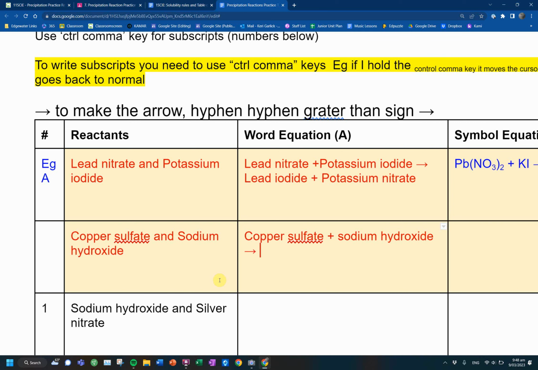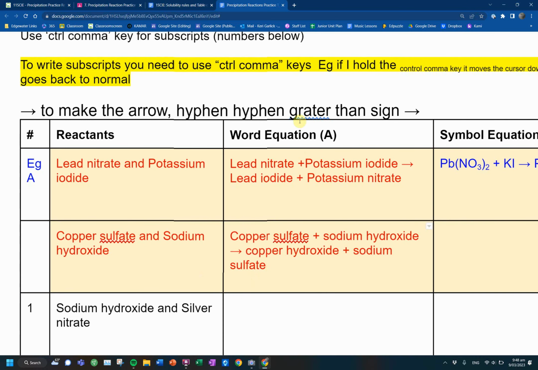We do the arrow, not equal signs, not math. Arrow. I did dash, dash, and then the greater than symbol. All right, and then I go copper hydroxide plus sodium sulfate. Ooh, that's a typo. Greater.